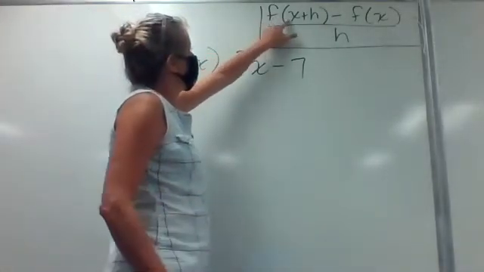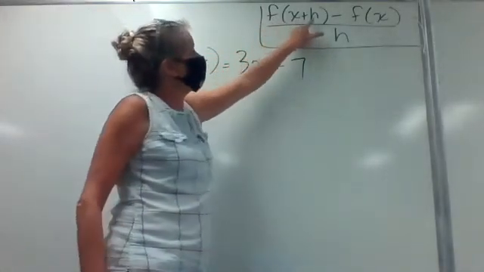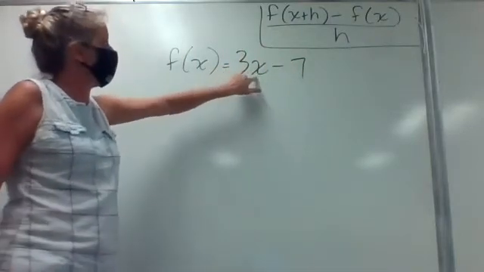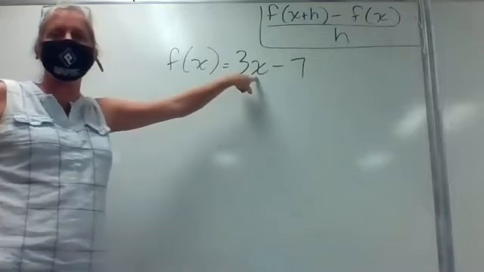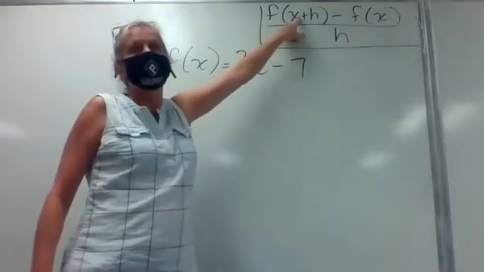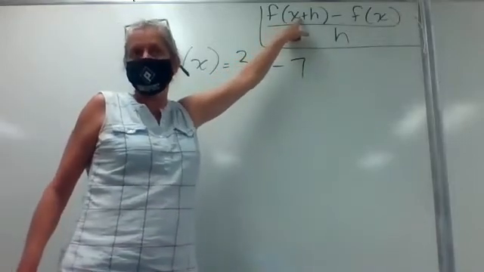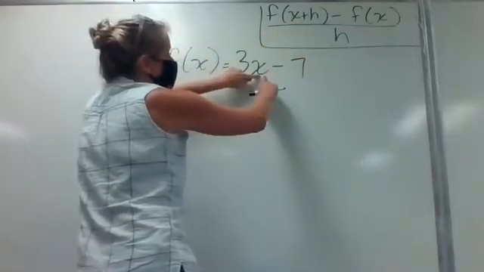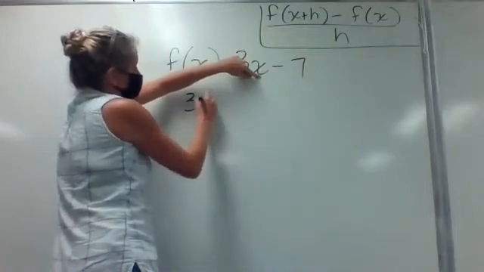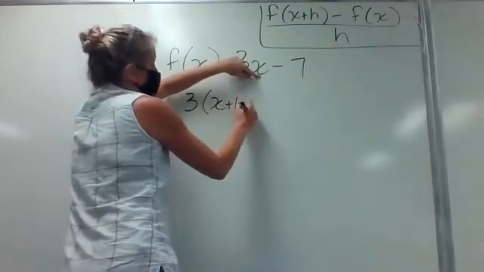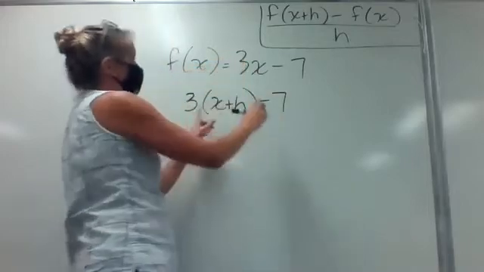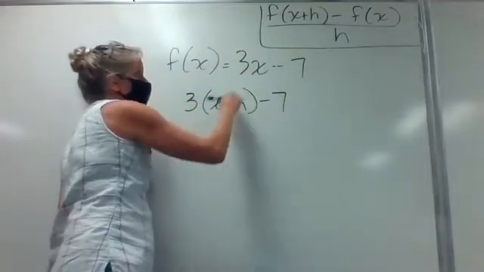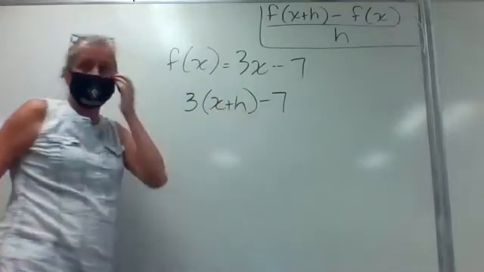This says the first thing we need is f of x plus h, which means go to your function, and wherever you see the x, what should you put in its place? x plus h. So that's what I'm going to do first, is you rewrite the function. Wherever you see an x, you put an x plus h. So again, it's this exact same thing, but instead of x, I have x plus h.